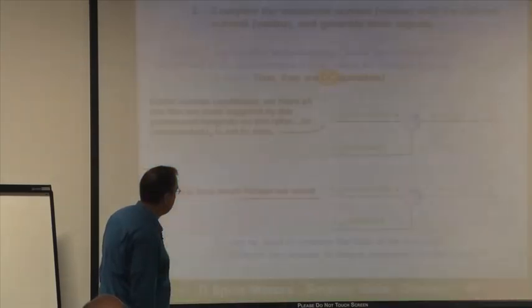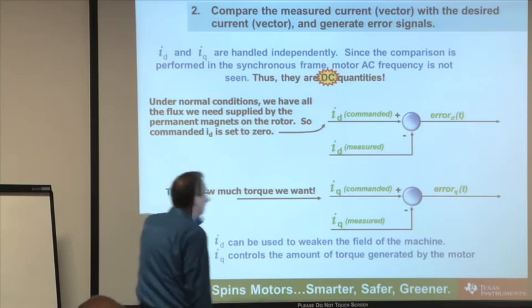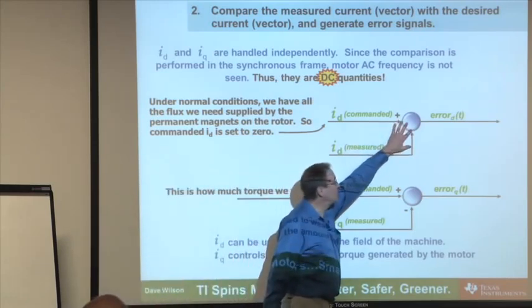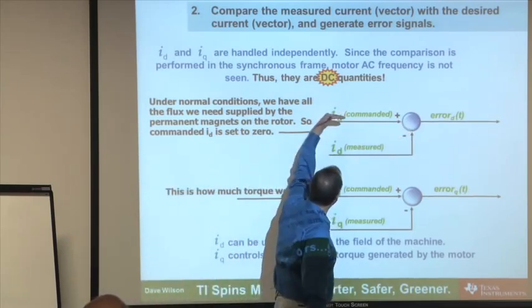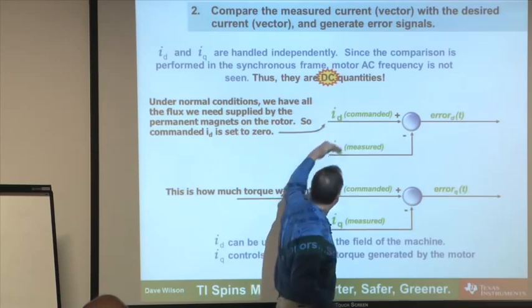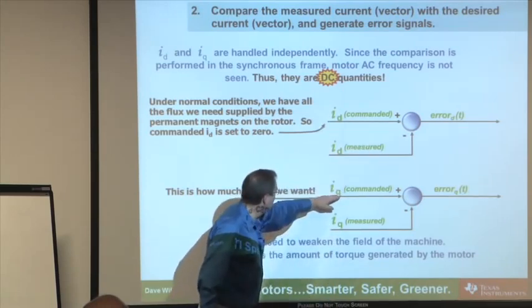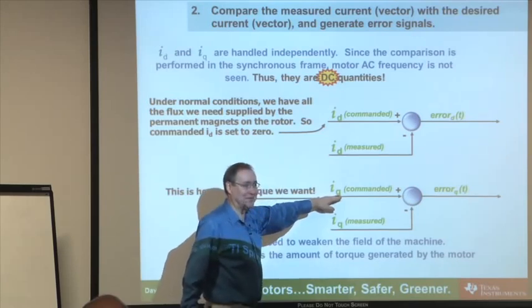So now that we've reflected those values up onto the rotating reference frame, this is where I do the start of my regulator. I say, well, what is the commanded value for my d-axis current? It's 0. So I need to regulate my d-axis value to 0. What is the commanded value for my q-axis current?